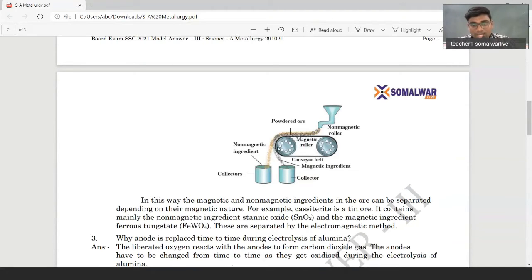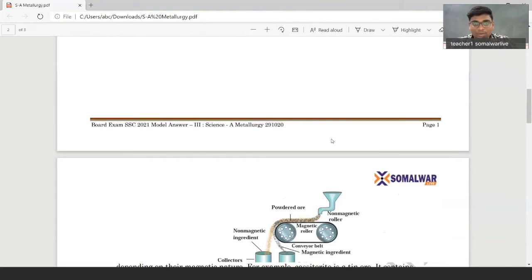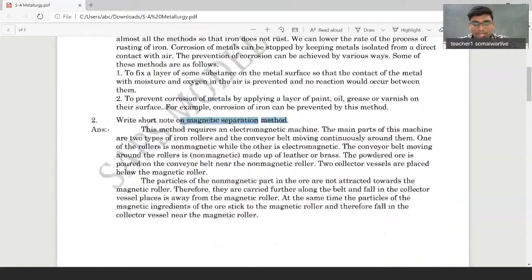In this case, one roller is a magnetic roller and the other is a non-magnetic roller. Importantly, it is a kind of electromagnetic machine where we use electricity to generate the magnetism, with a conveyor belt moving. One is a magnetic roller and another is a non-magnetic roller.